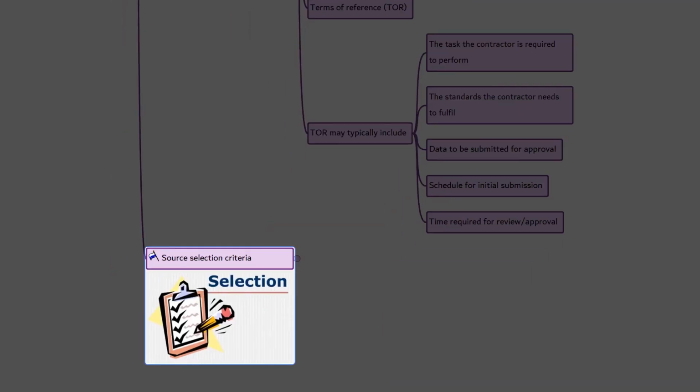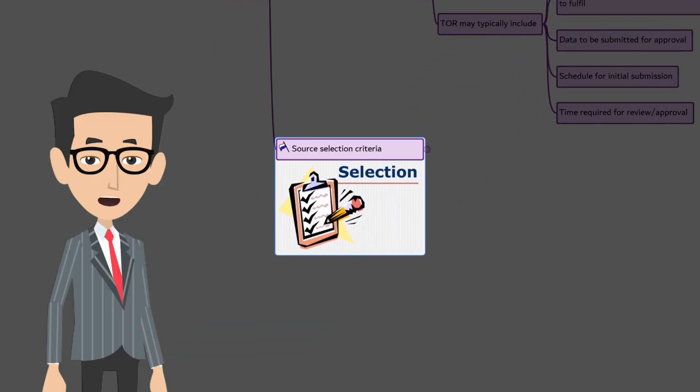The fifth output is source selection criteria. In choosing evaluation criteria, the buyer seeks to ensure that the proposal selected will offer the best quality for the service required.